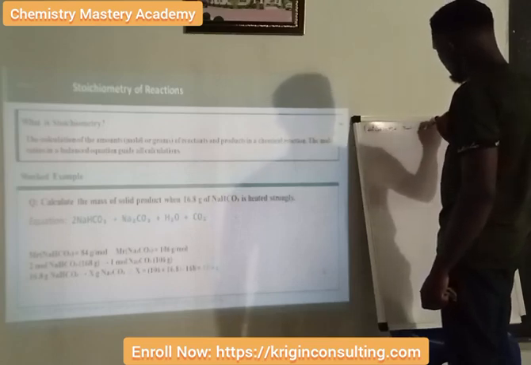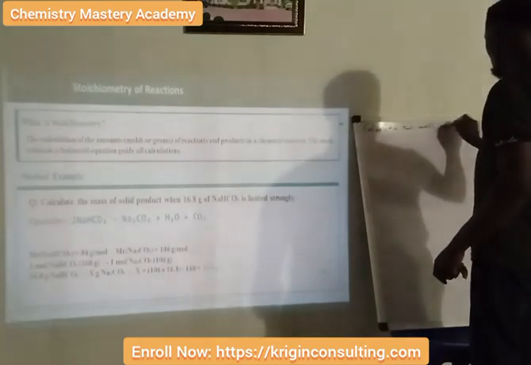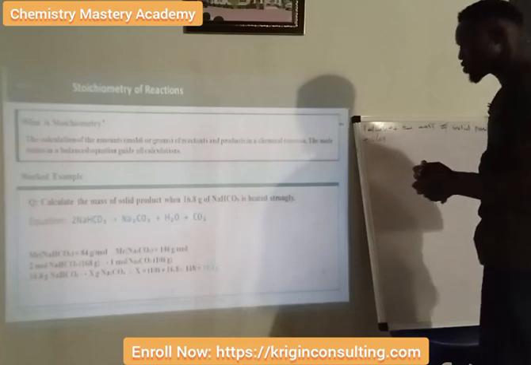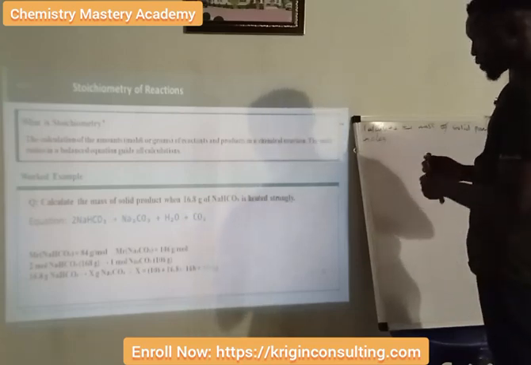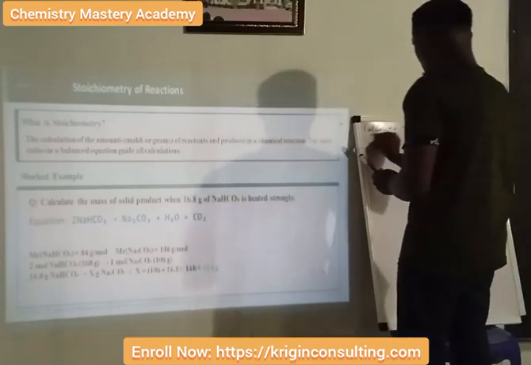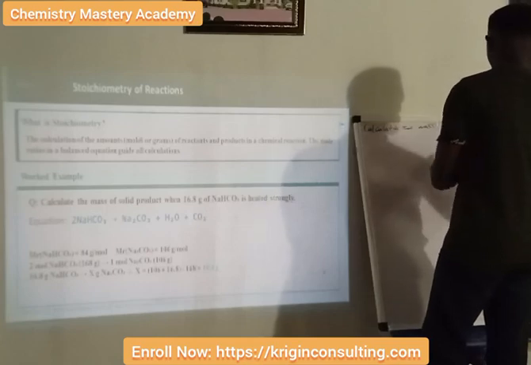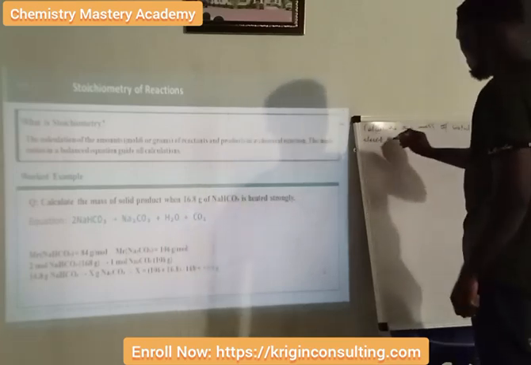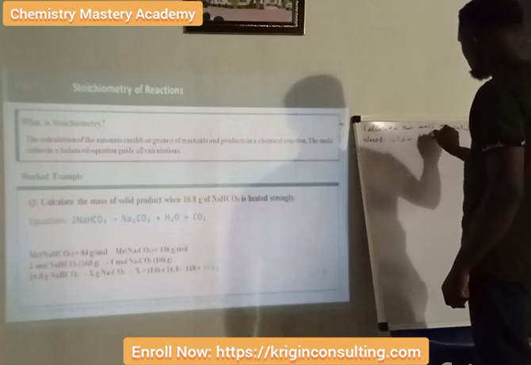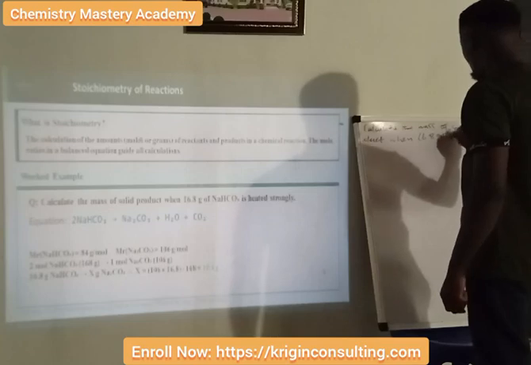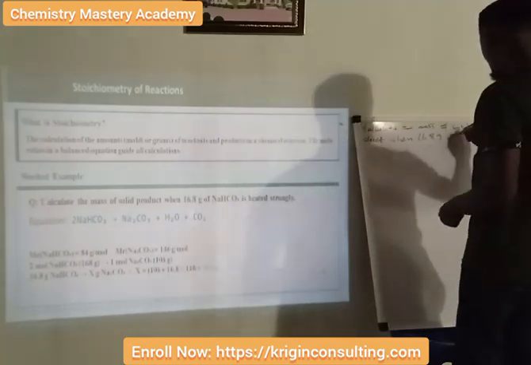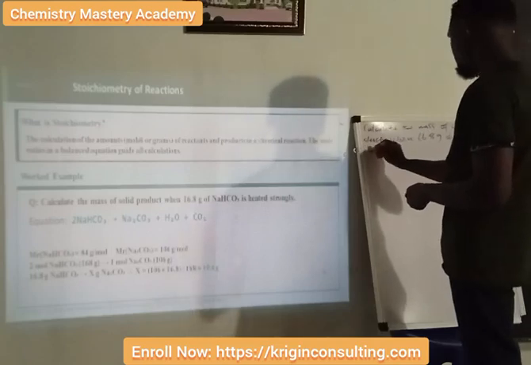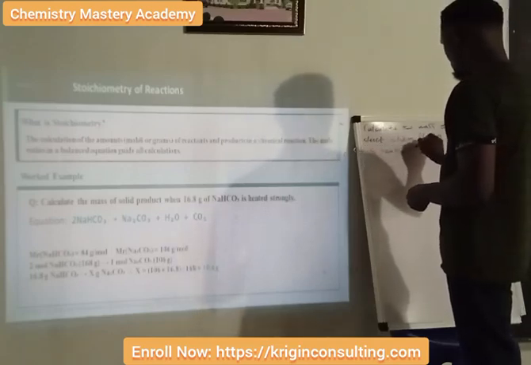Calculate the mass of solid products when 16.8 gram of NaHCO3 is heated strongly.